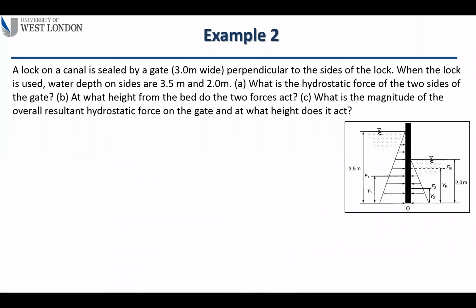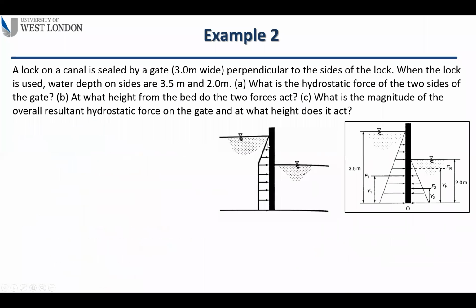Okay, so in other words, this is the other way, by using the resultant force and overall force and location. The other way is that you can see this distribution. If you take away this distribution from the left-hand side, whatever is left would be a shape like this one on the left-hand side.